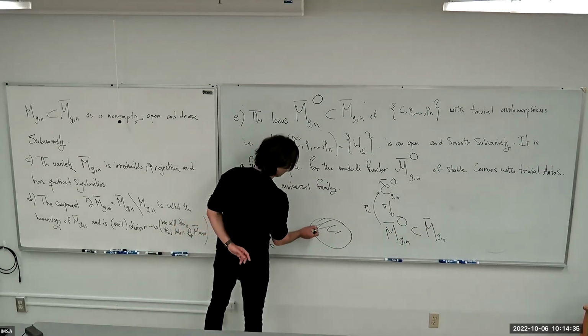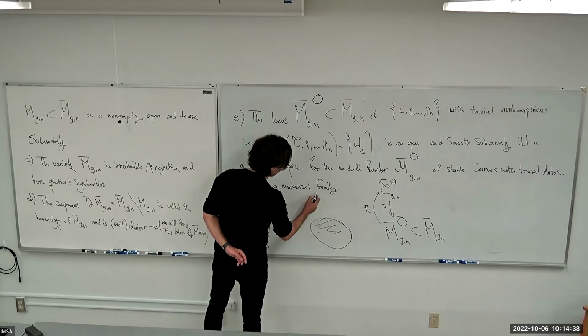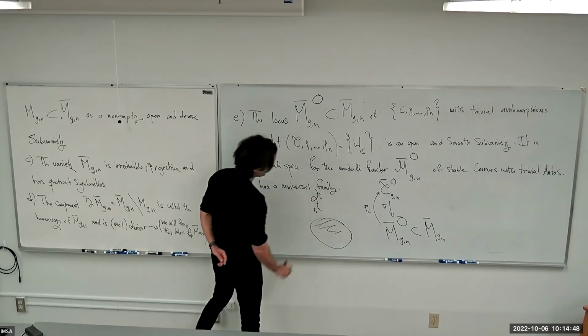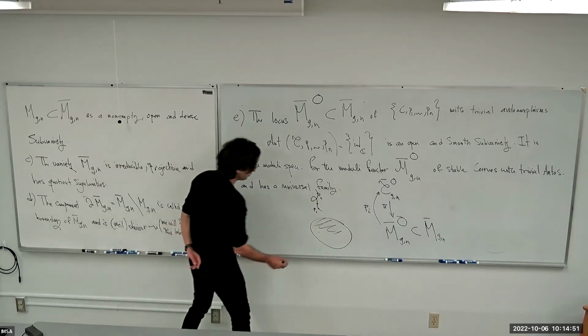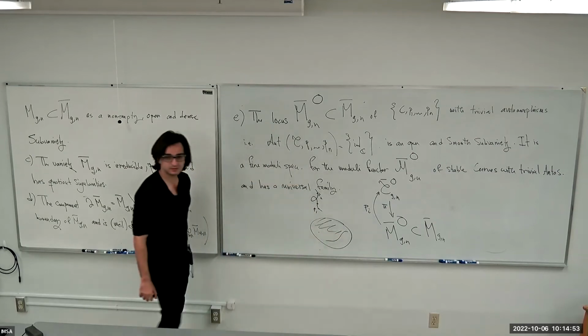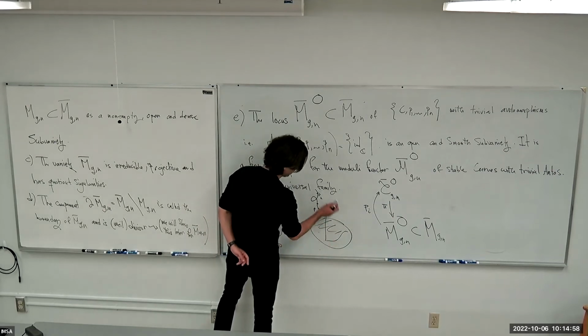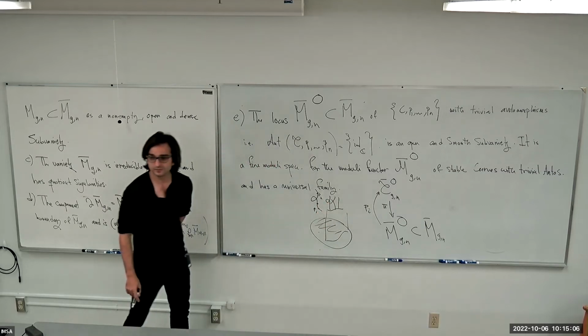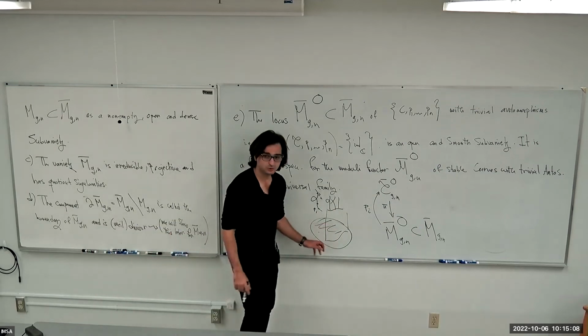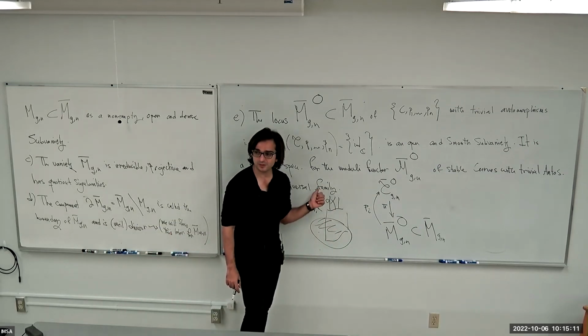If I pick a point in this space and look at the fiber of the universal family, what I would see is some curve, maybe with n markings, p1 to pn, with controlled singularity. If I look at a path in this space, a line or curve, and look at the fiber of the universal family, here I will see this path, and I will see the picture that you saw. If I pick a two-dimensional locus of the moduli space, I will see a two-dimensional parameterized family.